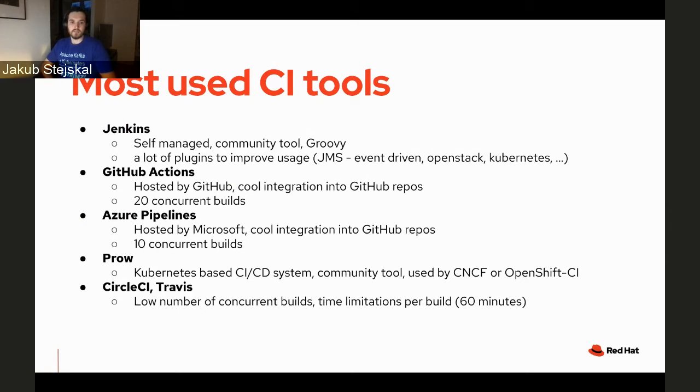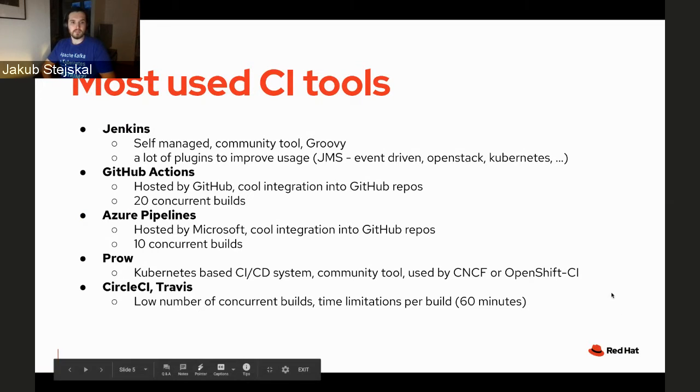There's also a limitation in time per build, which is set to 60 minutes, and it cannot be changed. On the other hand, Azure Pipelines and GitHub Actions allow you to run each pipeline up to 6 hours. Okay, that's all about the most used CI tools. So next slide, please.